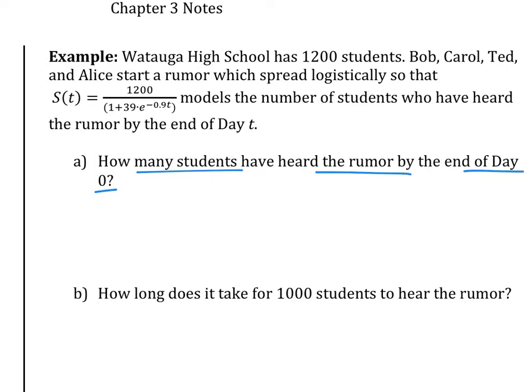How do you solve this? Day 0 means what? Is 0 T or S? T. Yeah, S means student, so T is time. So S of 0 is equal to what? That's the question. So when T is 0, what is the answer?